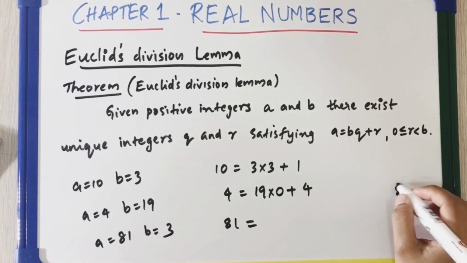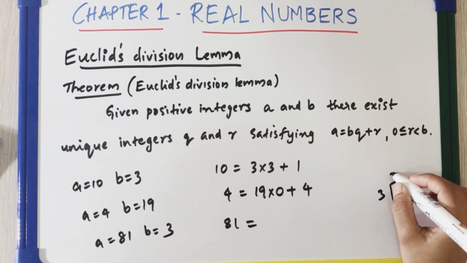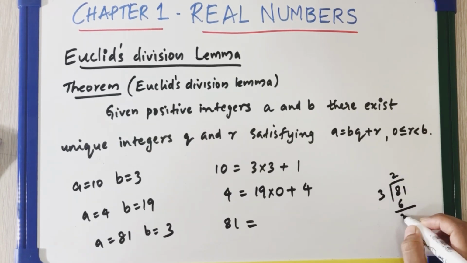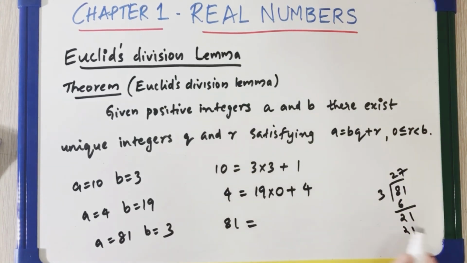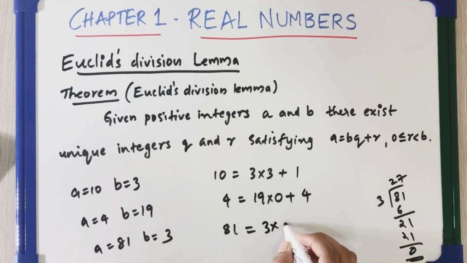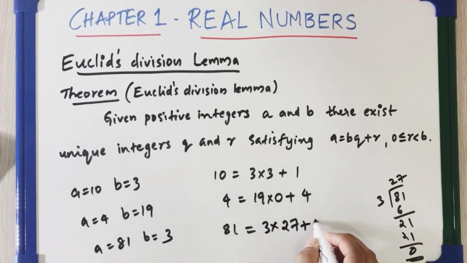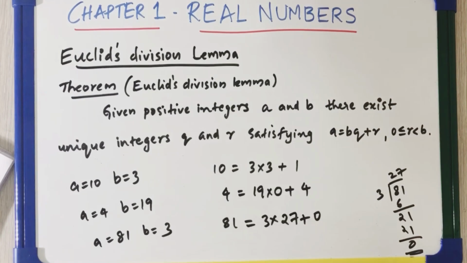We can just divide 81 by 3, and we get 27. The remainder is 0, so it is divisible by 3: 81 = 3 × 27 + 0. I hope the lemma is clear.